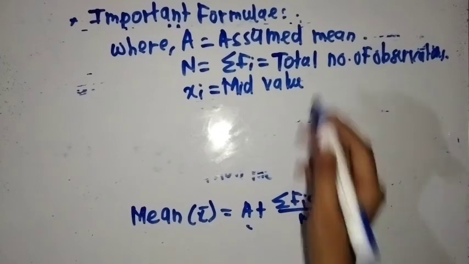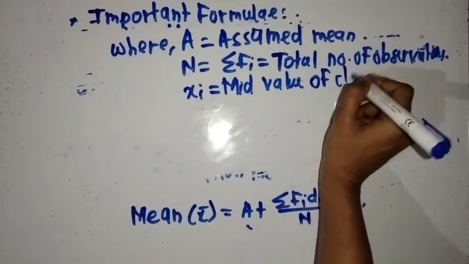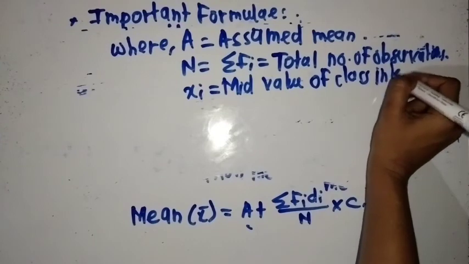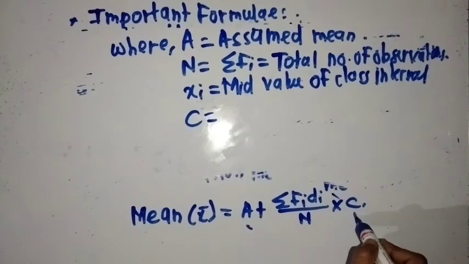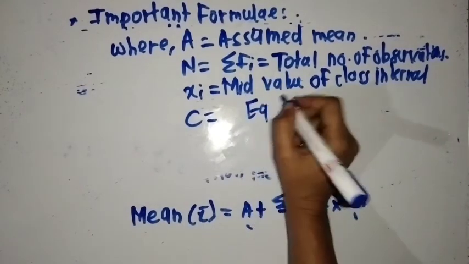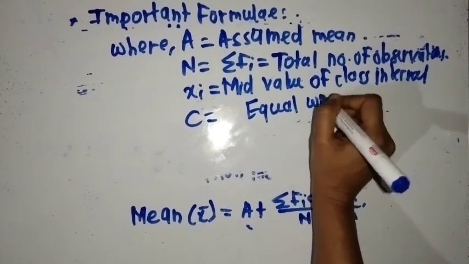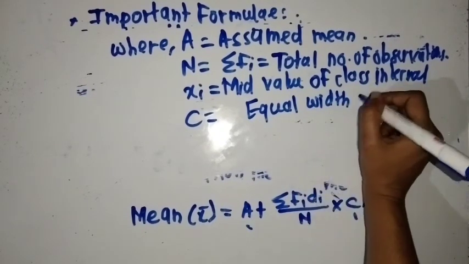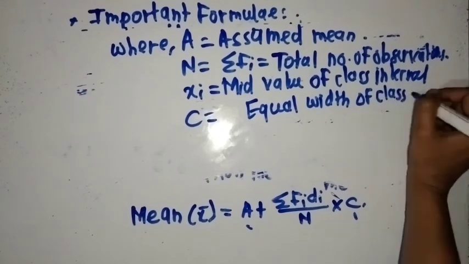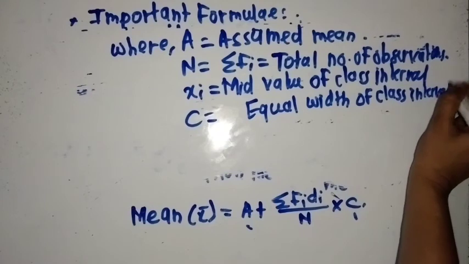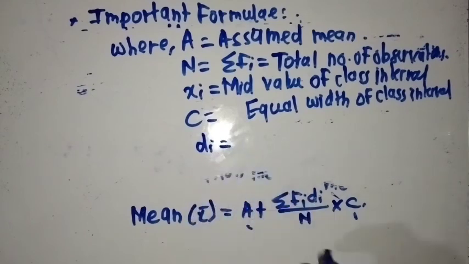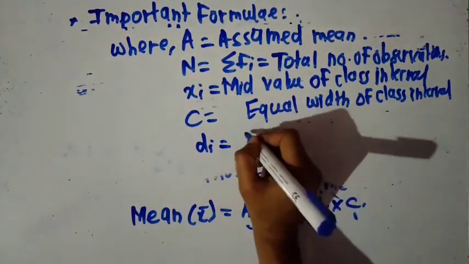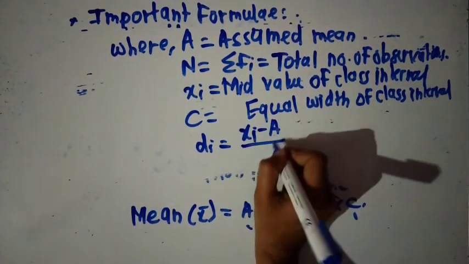Xi is the mid value of class interval and this c is the width of class interval and di is equal to xi minus a upon c.